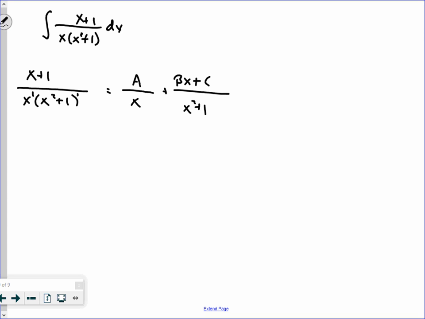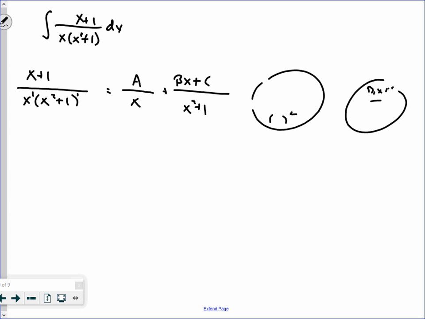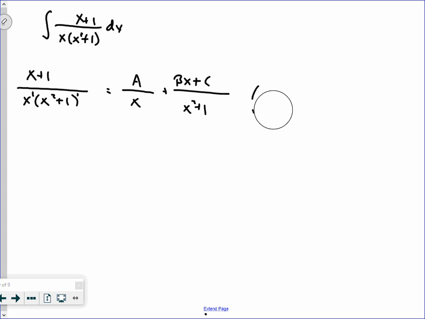If it was squared, I'd have another one over here, b2 x plus c2 over x squared plus 1 squared. And if it was x squared plus 1 cubed, I'd have another one, b3 x plus c3 over x squared plus 1 cubed. Okay? And those things I could integrate. So I have to figure out what those constants are, a, b, and c.